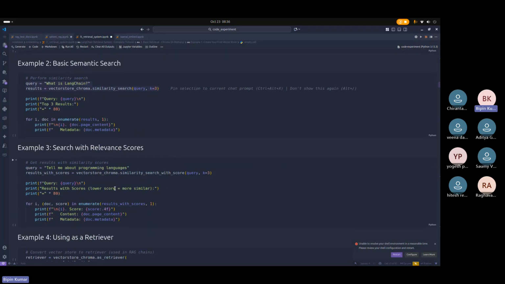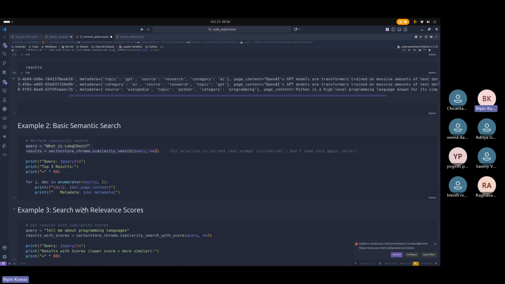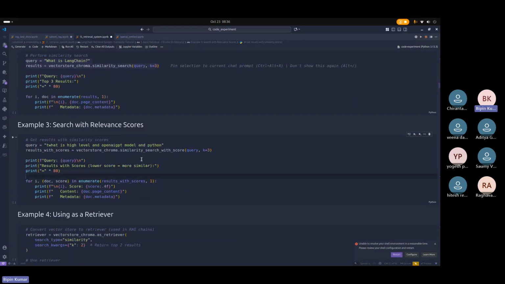Now as I said, you can also get a score. For example, let's say the same thing that we have asked. Here, similarity search with score.